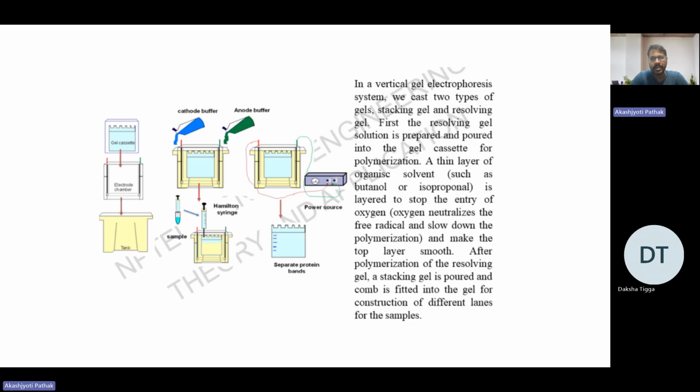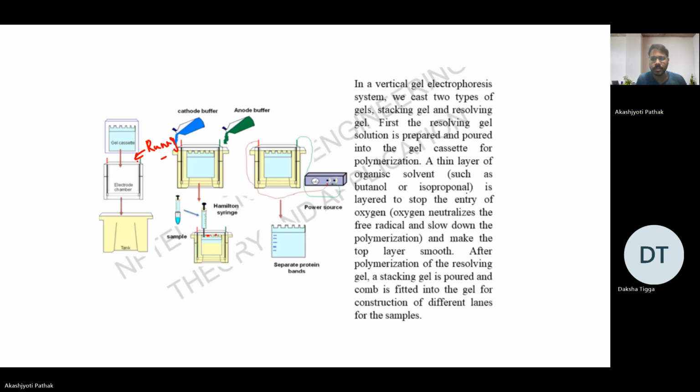You have these plates and you cast the gel, and then you set the gel in the electrode chamber, and then you add the SDS running buffer, and then you remove the comb and pour your samples in these wells. Then you connect it to the power supply, and your sample gets moved through the gel by the process of electrophoresis.